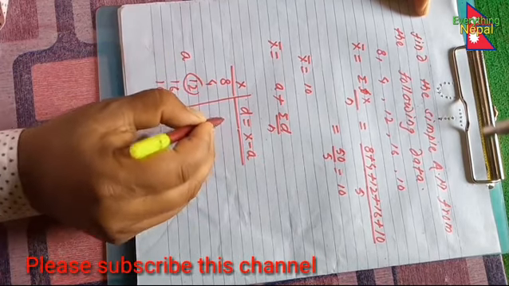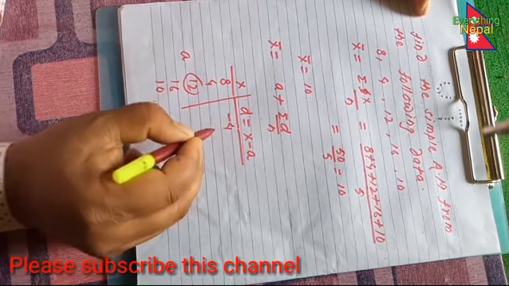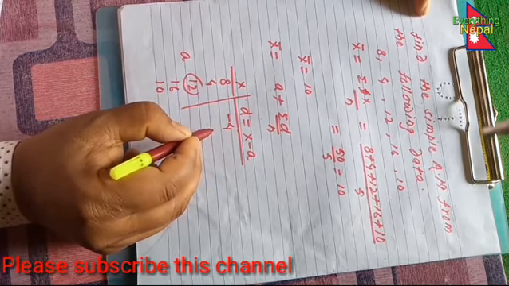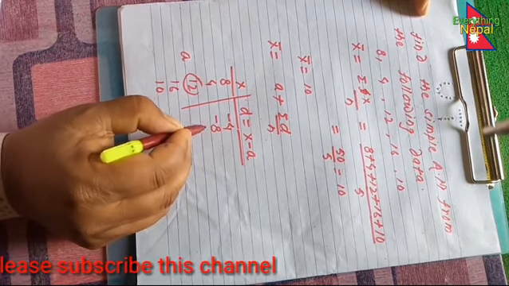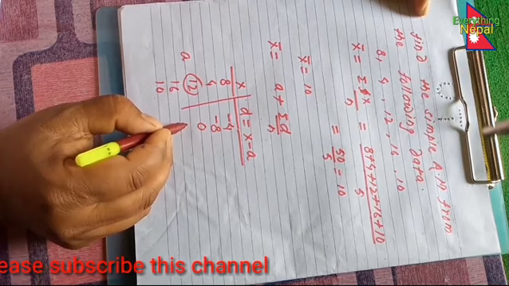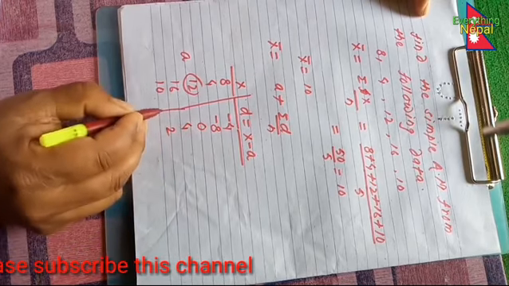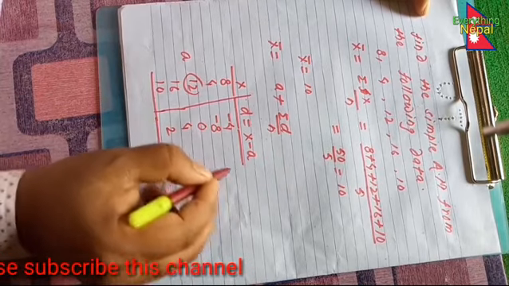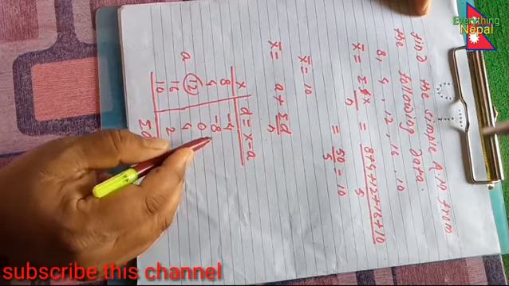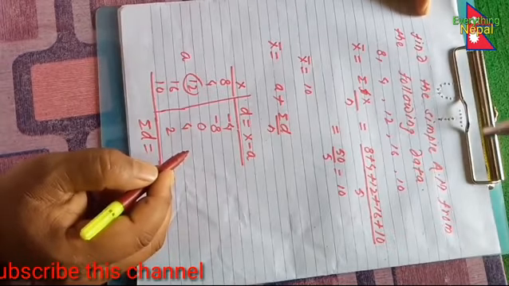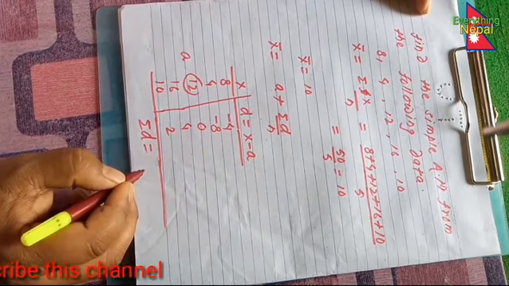Then the difference of 8 and 12 is minus 4, and the difference of 4 and 12 is minus 8. Similarly 0, and 4. Similarly this is 2. So summation d becomes, 8 and 4 are 12.